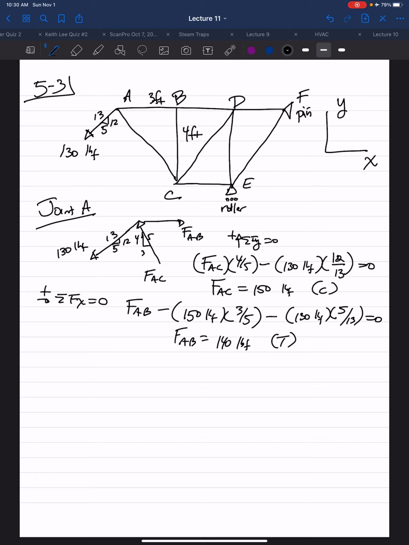So now we know that, so we go to joint B. We know the force in member AB, which is calculated at 140 pound force. So that leaves us two unknowns at joint B. Let's construct it.